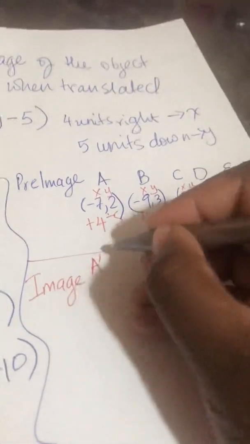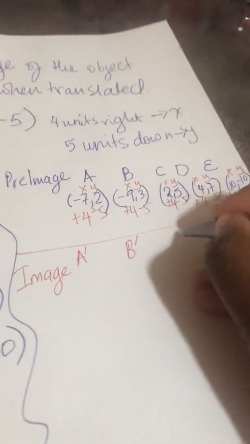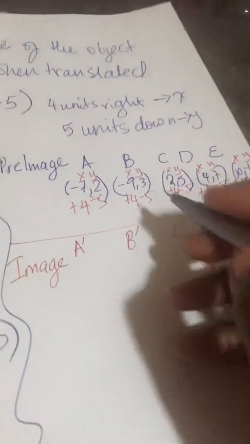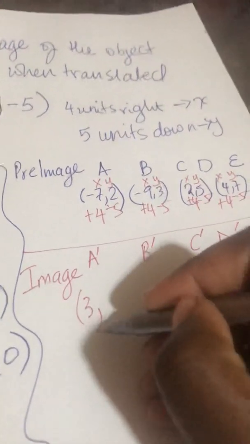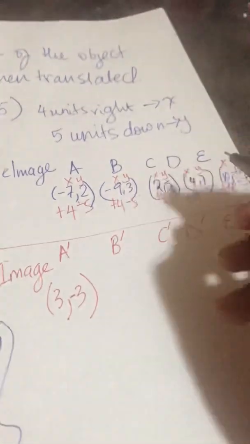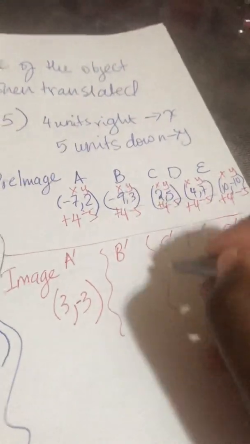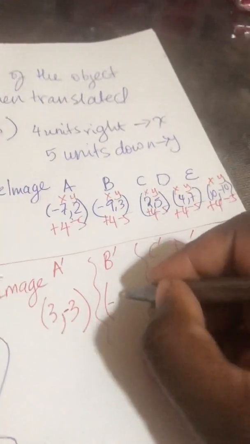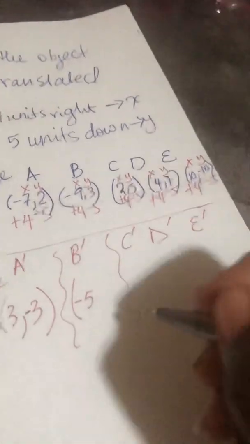You write A prime, B prime, C prime, D prime, E prime. -7 plus 4 is -3. 2 minus 5 is -3, sorry. Okay, so that's for A. B, -9 plus 4 is -5. -3 minus 5 is -8.